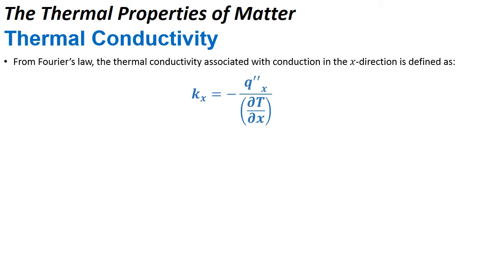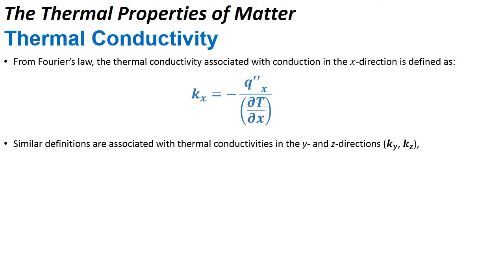Here kx is the thermal conductivity in the x direction, qx double dash is the heat flux in the x direction, and partial T over partial x is the temperature gradient in the x direction. The same definition will be used for thermal conductivity in the y direction and z direction.